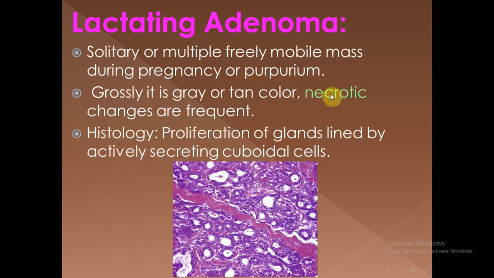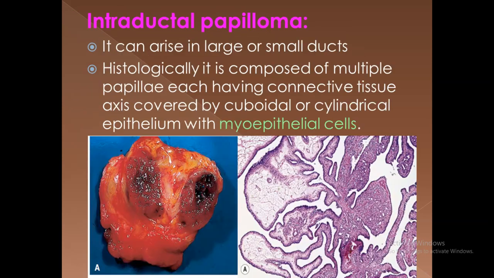Lactating adenoma is one of the benign tumors that has necrotic change that can be seen grossly and mistaken for carcinoma. Histologically, we can see a proliferation of glands lined by actively secreting cuboidal cells. The most important thing is that the cytoplasm of the cells is secretory cytoplasm because it occurs in lactating women.